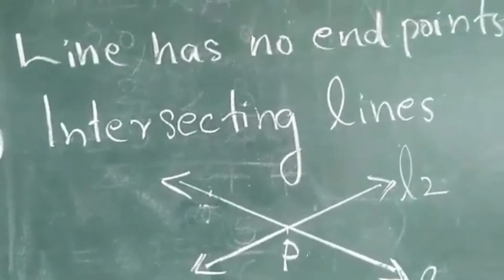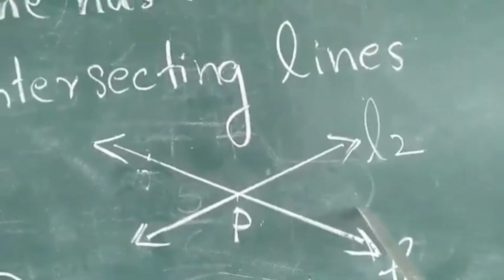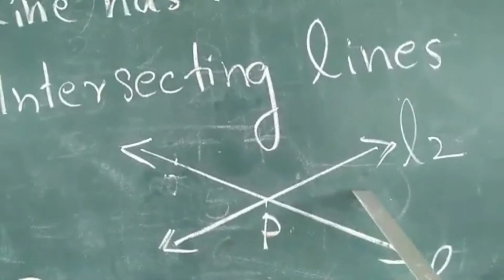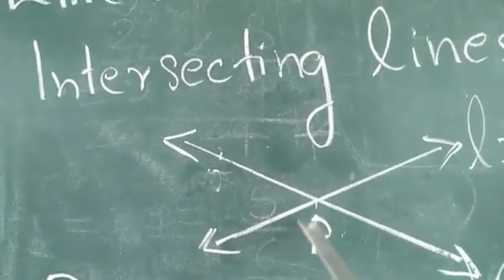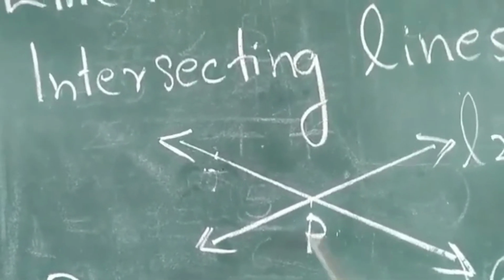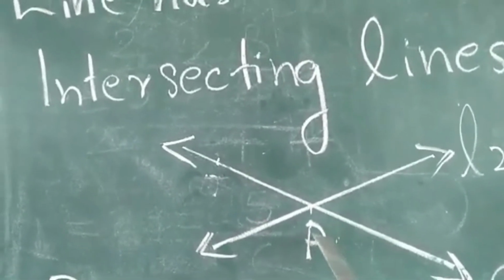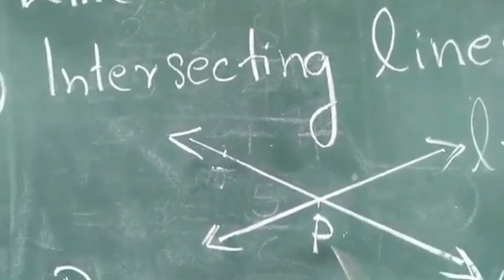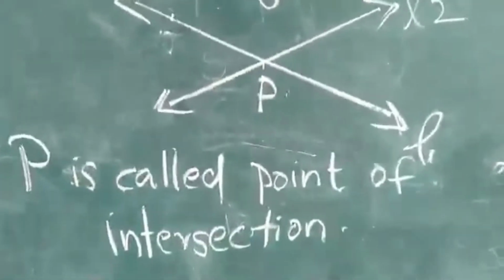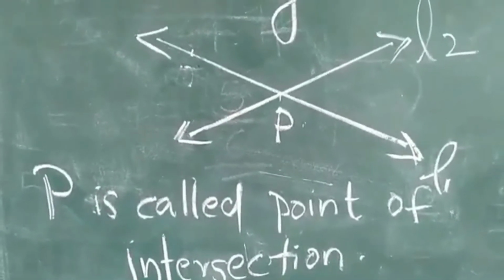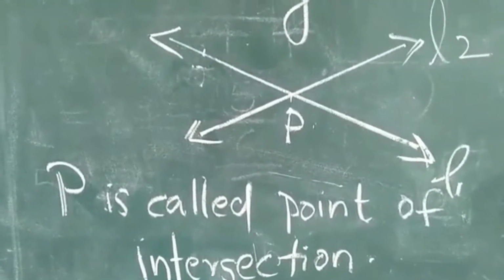Here you can see 2 lines, L1 and L2, meeting or joining at the point P. This P is called the point of intersection or meeting point.